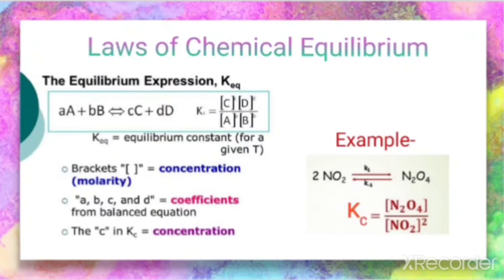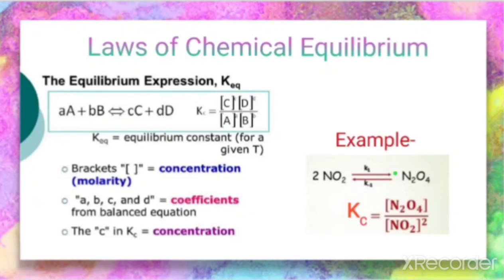Let us take one example. 2NO2 and N2O4 are in the equilibrium stage at the time. How do we write the equilibrium expression for this equation? Kc is equal to what is given on the product side, which should be written in the numerator, its concentration in the square bracket, and its stoichiometric coefficient should be written as the power.